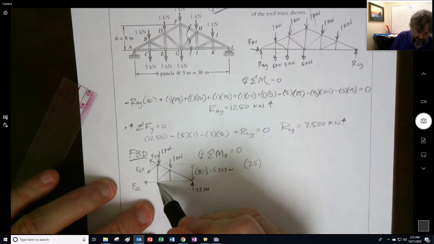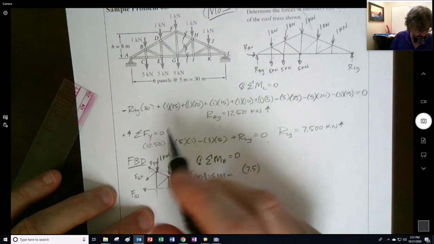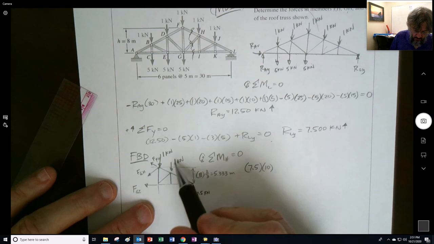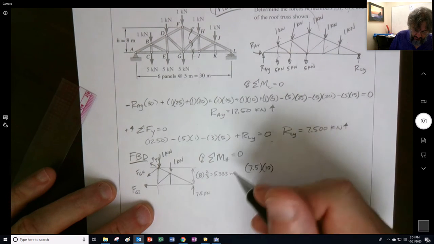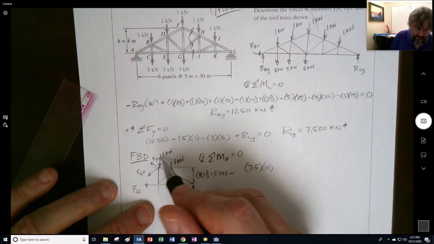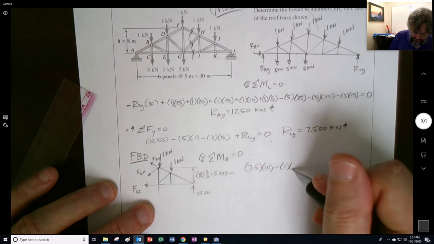All right, so taking the summation of moments about H, we'll say that 7.5 is going counterclockwise, and that's at this position, which is 10. We also have this 1 kilonewton that's going clockwise, because we're taking about H. So it's 1 times 5.